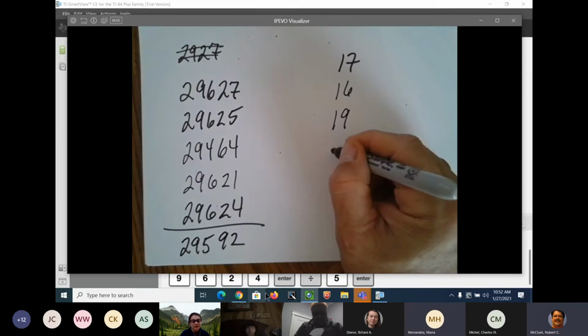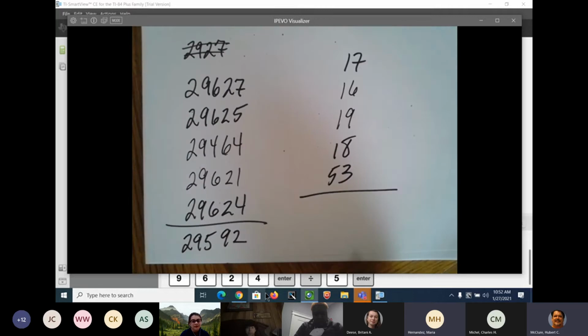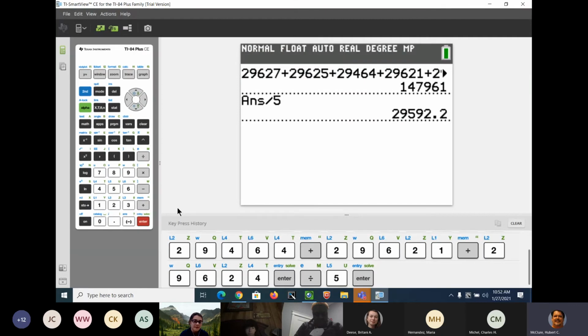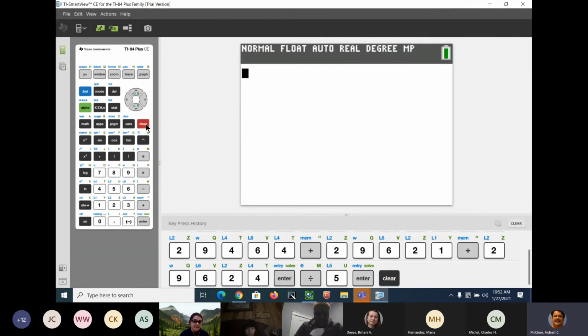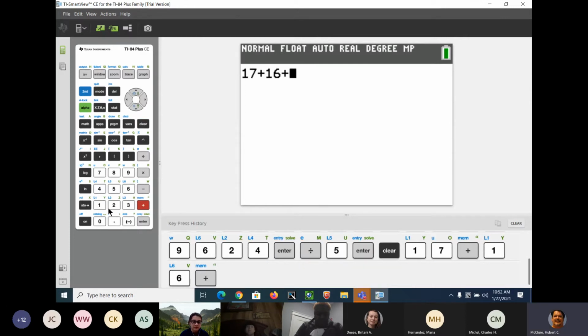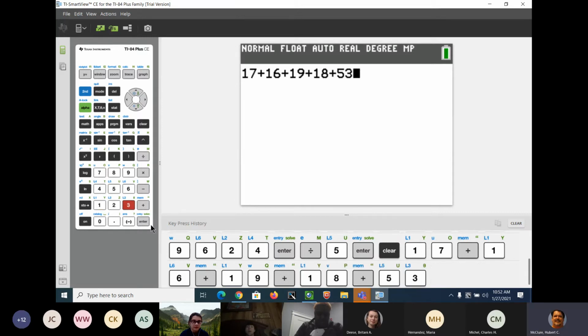And I'm 53. So let's take our handy dandy calculator and find the average. Now my age, of course, is going to throw it way off, but we'll get into that later. 17 plus 16 plus 19 plus 18 plus 53.